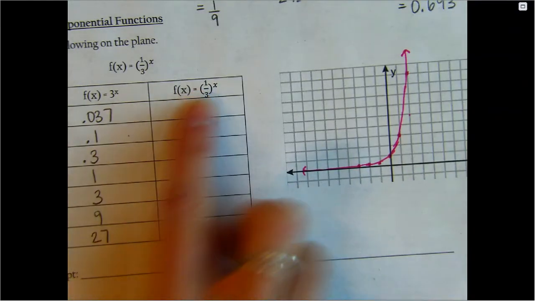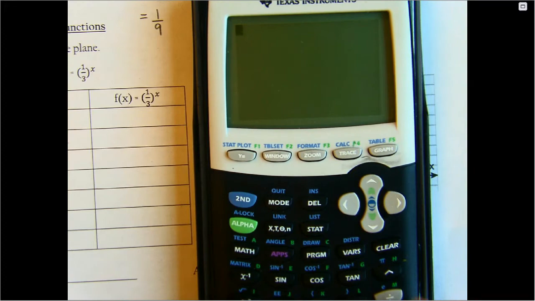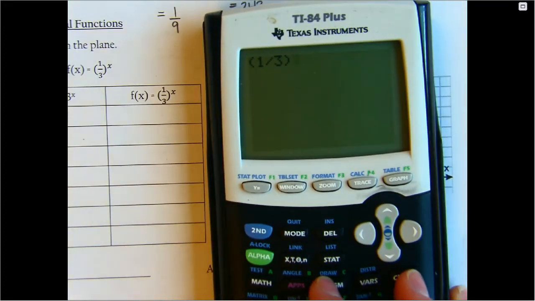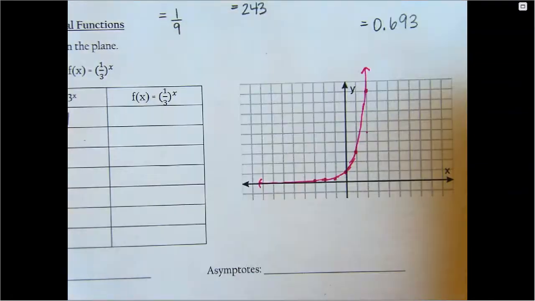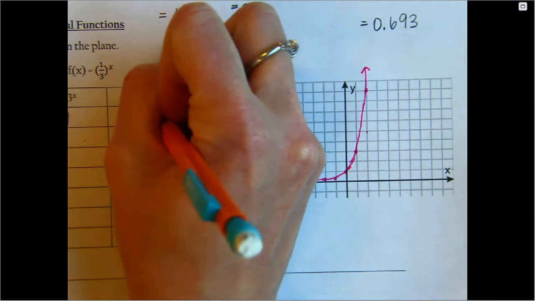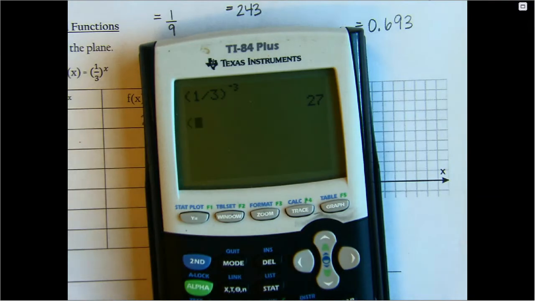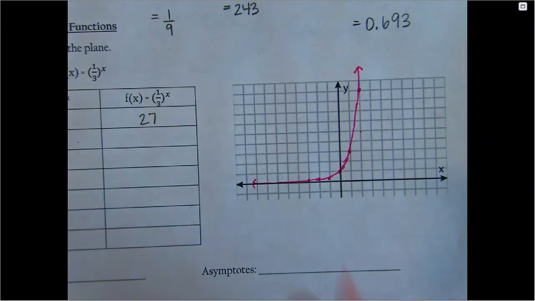So 1/3 to the x power. Make sure when you're typing these in your calculator to evaluate them, you're putting that fraction in parentheses. So 1/3 to the -3rd is 27. 1/3 to the -2nd is 9.